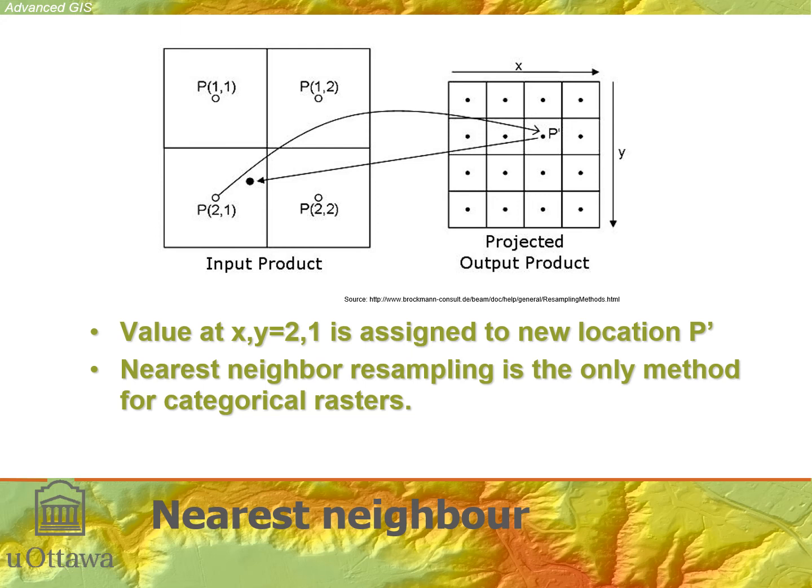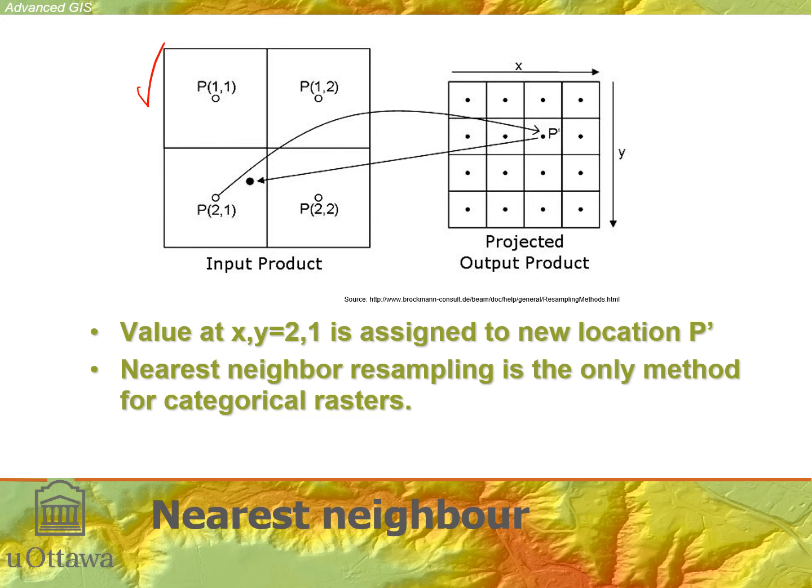Here is a third way of viewing the nearest neighbor resampling process. On the left is our input raster, the raster that has been or will be warped into the real world. On the right-hand side is our new raster that was overlaid in the new space in the real world.